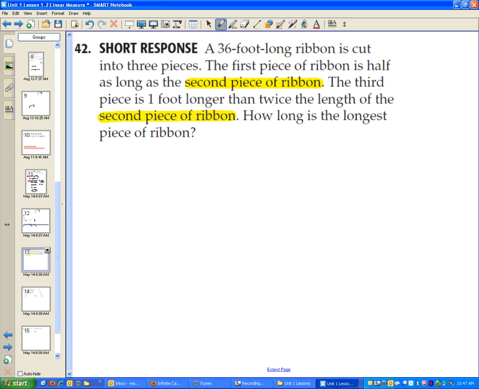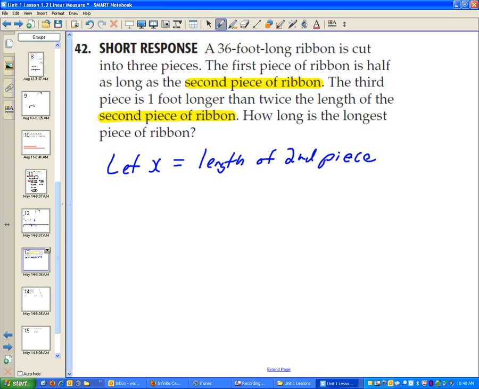You're going to have to write this down. So here's what you write down. We let X equal the length of the second piece. We'll see. The first piece is half as long as the second piece.